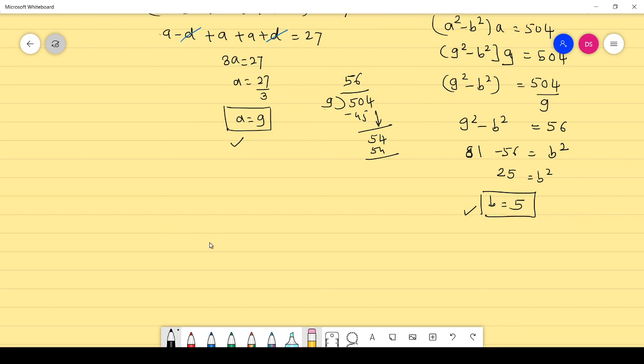So the three consecutive terms were a minus d, then a, and then a plus d. So a will be equal to 9, d is equal to 5. What is a minus d? That is 9 minus 5, that is 4. What is a? That is nothing but 9.